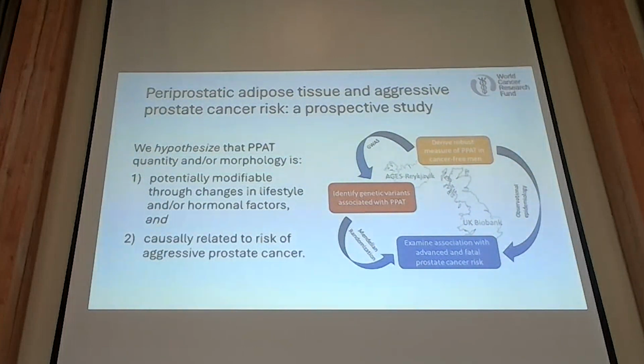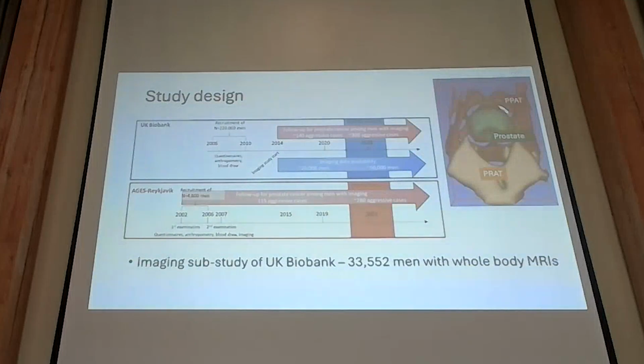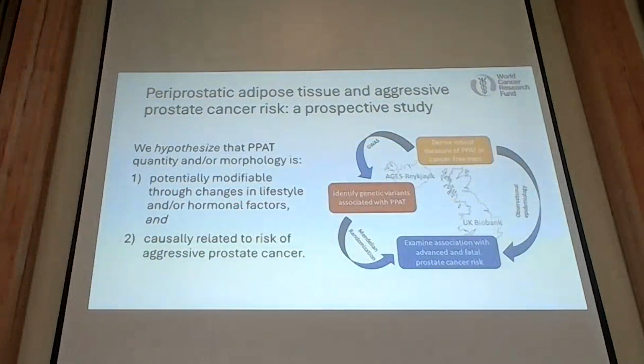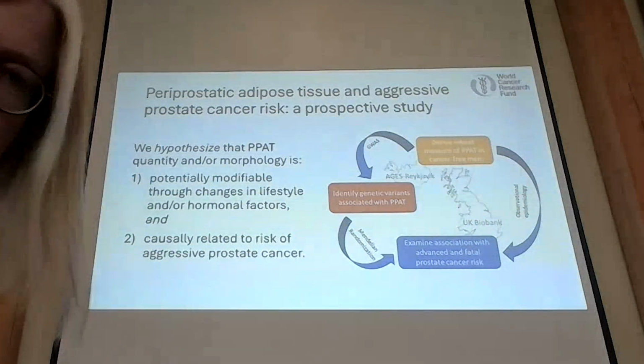So using imaging in these studies to derive a robust measure of PPAT in men without prostate cancer for the first time, and then to use complementary approaches: a traditional observational epidemiology approach to look at the association with prostate cancer risk, and then in parallel a GWAS and MR analysis.